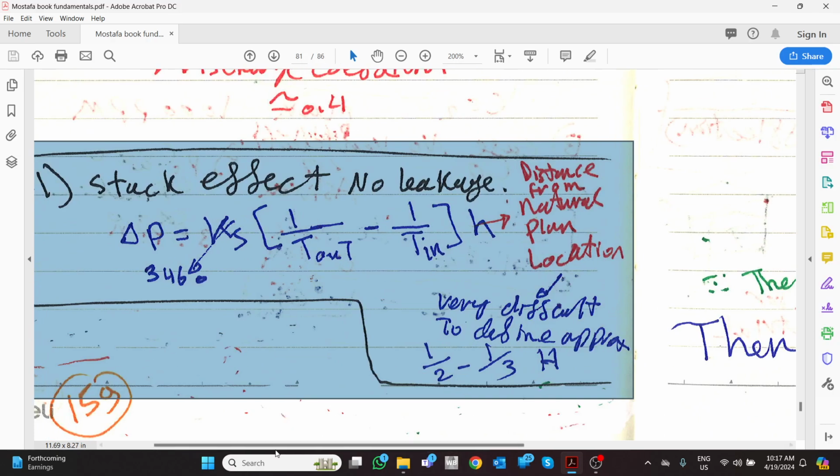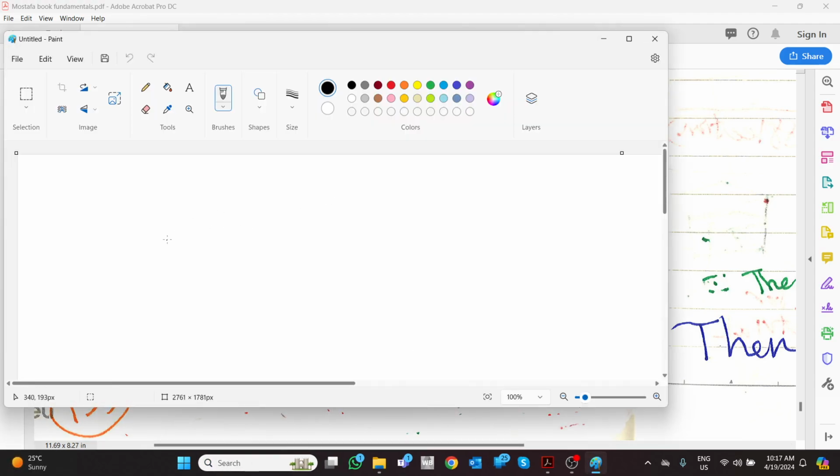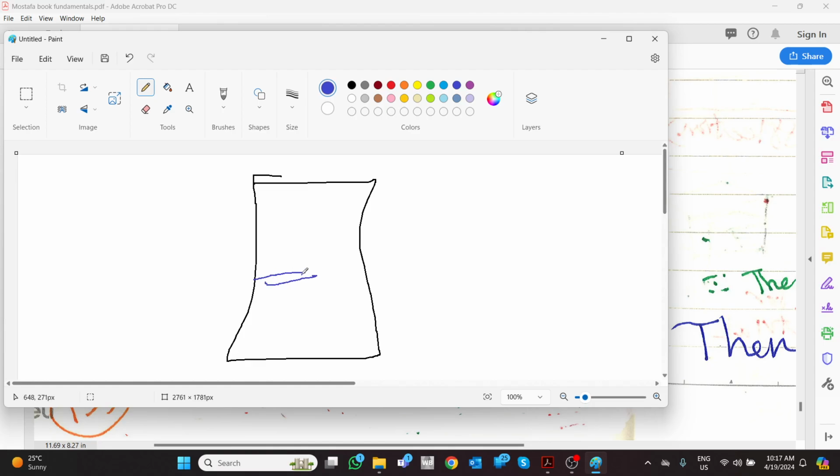How is the stack effect created? If you have a building like this, or a core, whatever, you have a zone, and in this zone the walls, the stairs, everything is at 24, for example, and outside is 46.